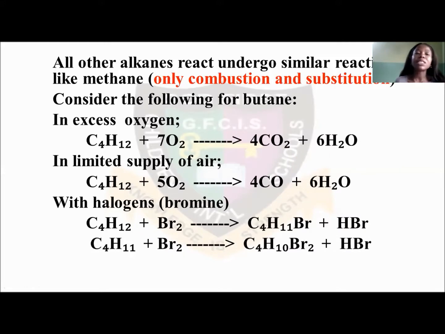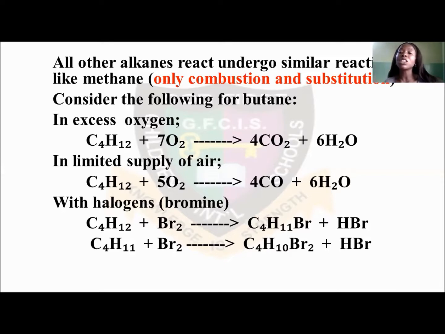Now, the same thing can happen for the other alkanes. I told you, if you understand the properties of one, you understand the properties of the others. So all alkanes undergo similar reactions like methane. The only reactions that the alkanes undergo are combustion and substitution reactions. They don't undergo any other reaction.